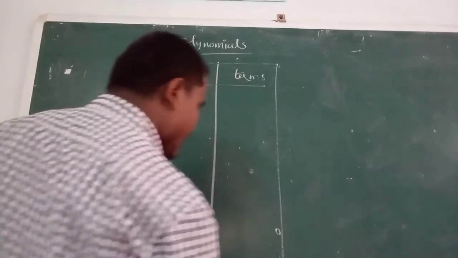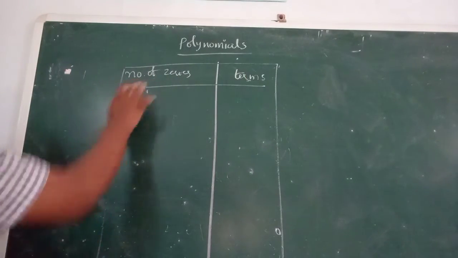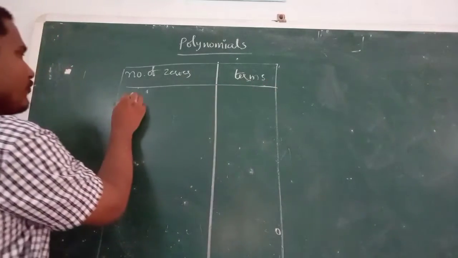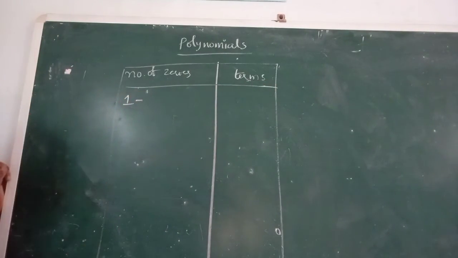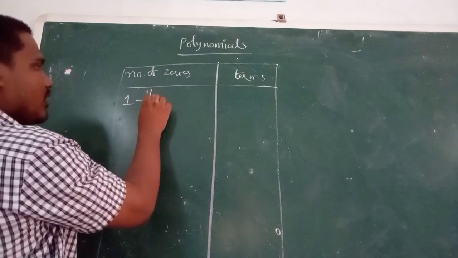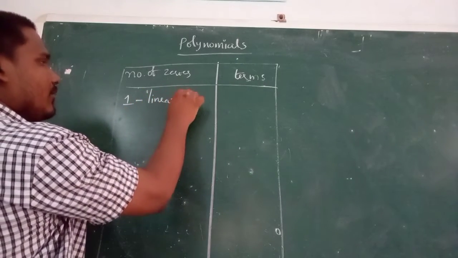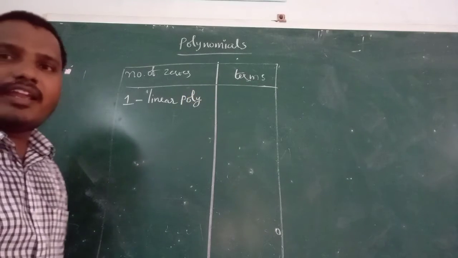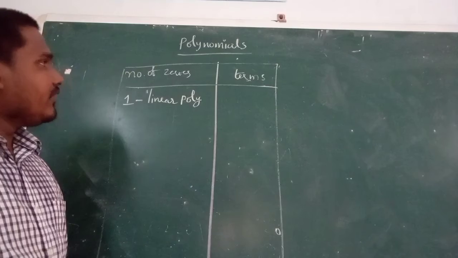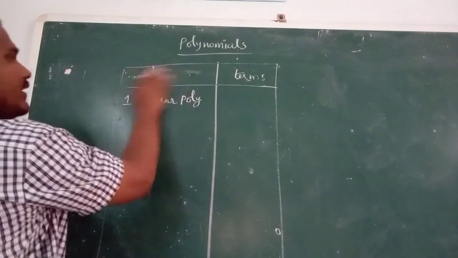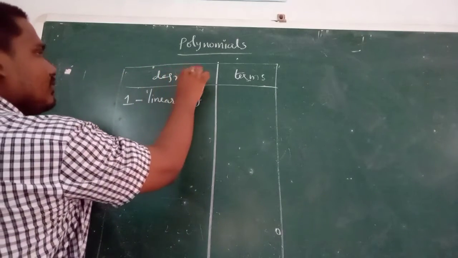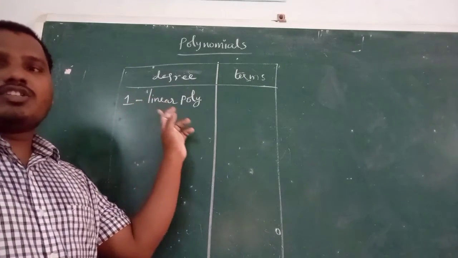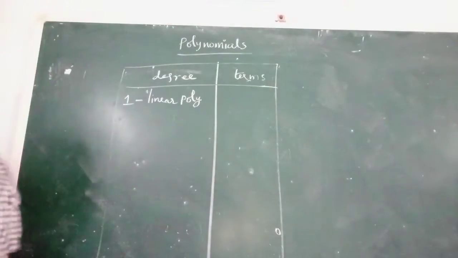According to degree, if the degree is 1, then it is called a linear polynomial.